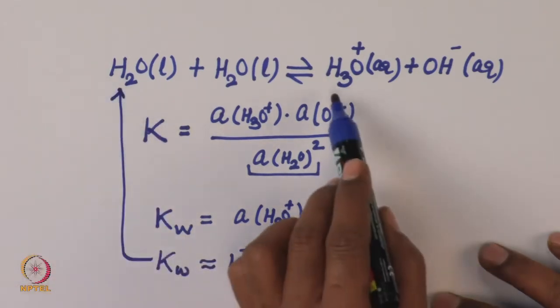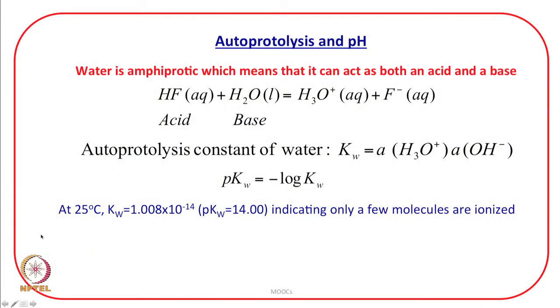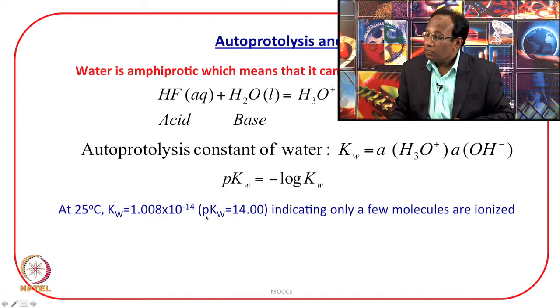That means the extent of ionization is very, very small. That is what is commented over here. At 25 degrees centigrade, the autoprotolysis constant of water is 1.008 into 10 raised to the power minus 14, indicating only a few molecules are ionized.